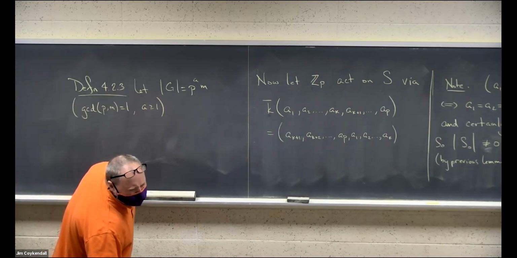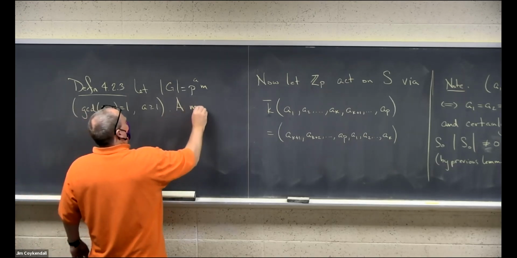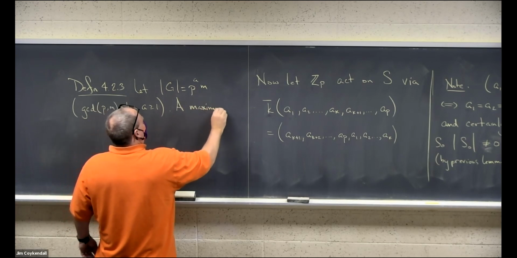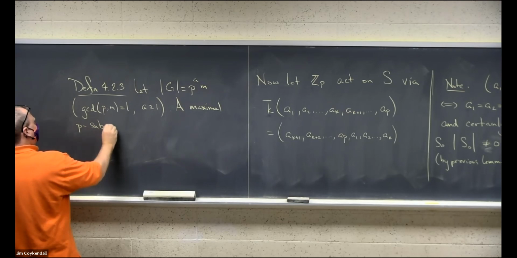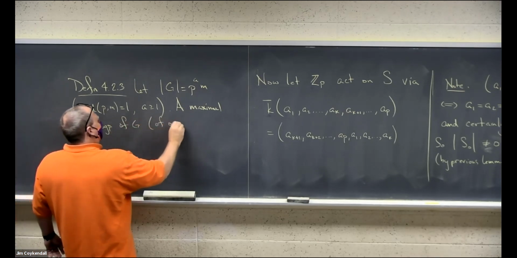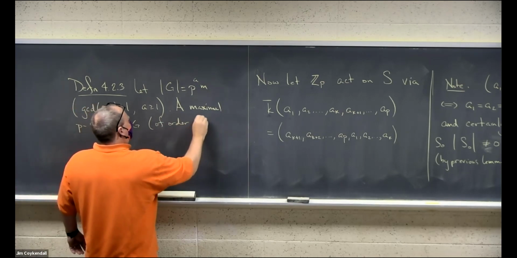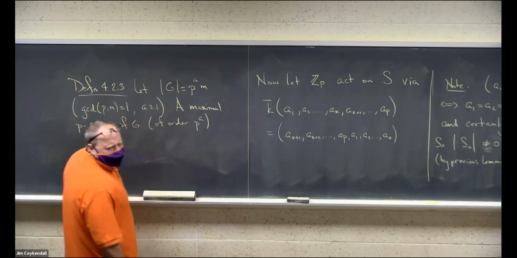A maximal P subgroup of G of order P to the A is called a Sylow P subgroup.